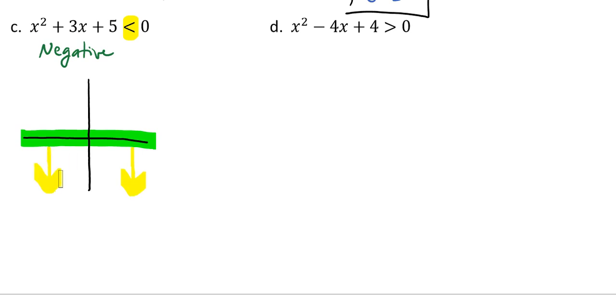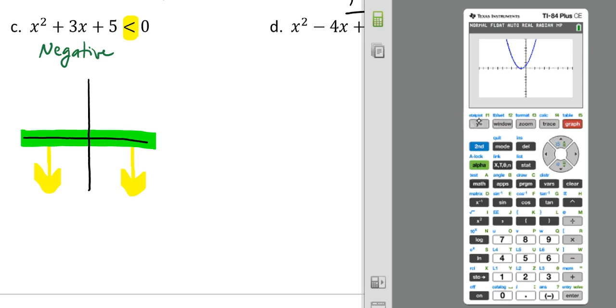So let's plug that in and see what that graph's like. So we have y equals x squared plus 3x plus 5, and we'll hit graph, and we see that we have another floating graph. This doesn't even touch the x-axis.